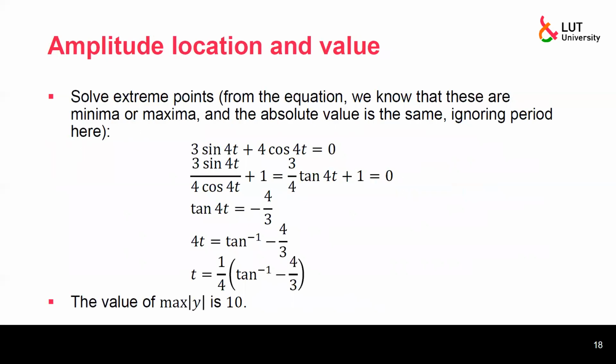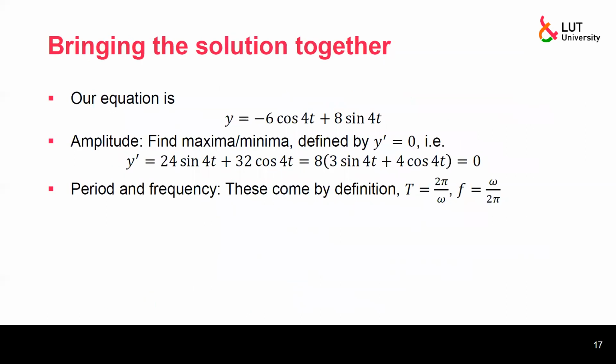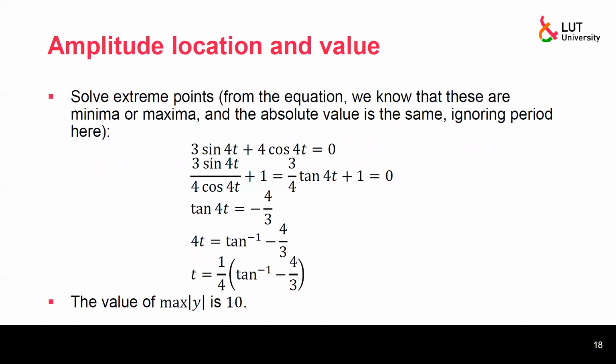Amplitude solution. So we have now what happens here. We're taking the common term of 8 times 3 sine 4t and so on. So 8 will never go to 0. So that is 0 when this 3 sine 4t plus 4 cosine 4t is 0. Okay. Let's divide everything by 4 cosine 4t.